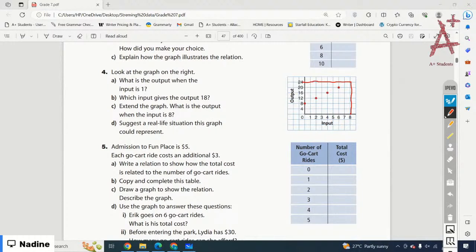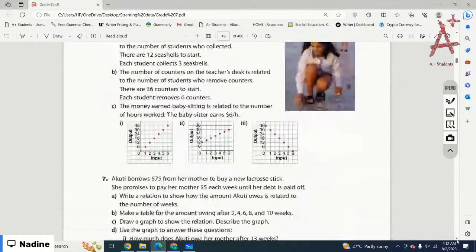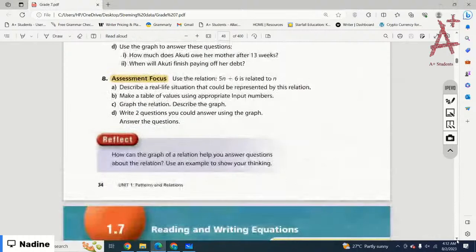That means when input is 8, the output is 24. Okay, let's just see how many questions we have, because I think there are so many.